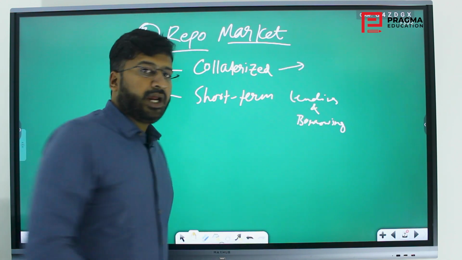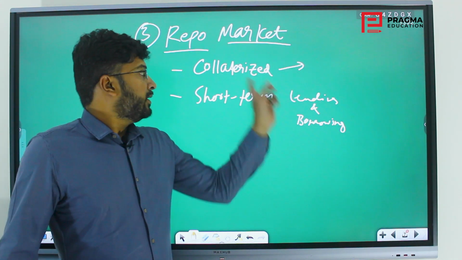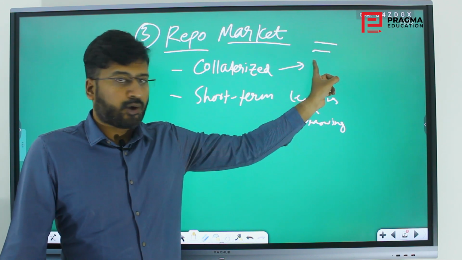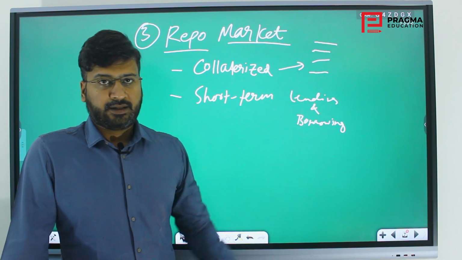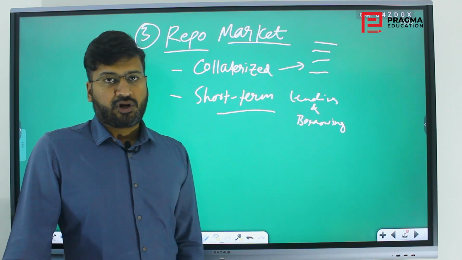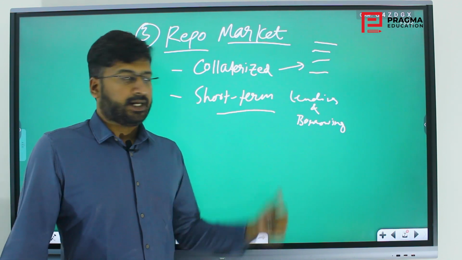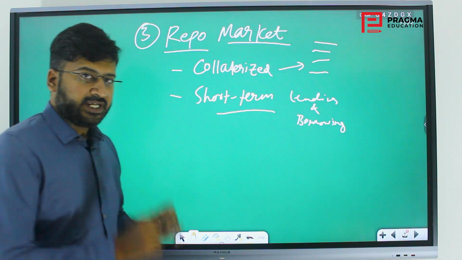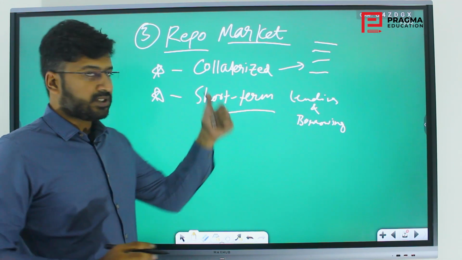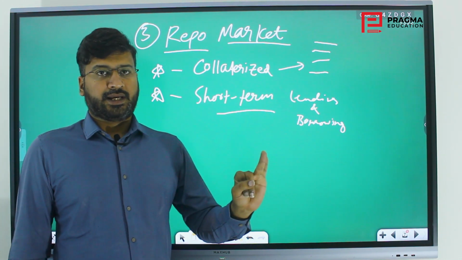That there will be a collateral for some money that you are borrowing from the markets, that you will pledge some land or a house or some property or an asset as a collateral, and you will take the money only for short term, 3 months, 6 months, 9 months, max 1 year. That is the repo market. So if there is a question on the repo market, these two words are important, and if these two words are there, that is the answer. It is short term and collateralized.